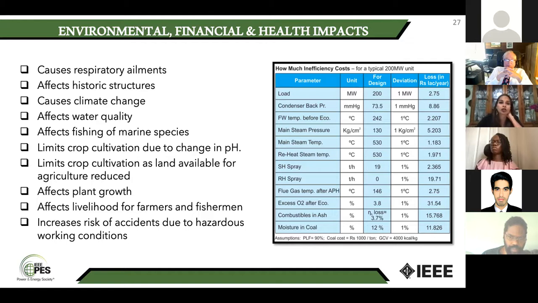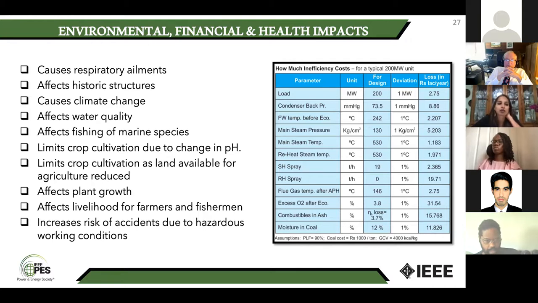Crop cultivation is affected. Then plant growth is affected. Then the livelihood of farmers and fishermen, because these people do not know what's happening. These are the people who are given compensation for giving the land to the government to build projects, but they are not given compensation for their kidneys, for their lungs.